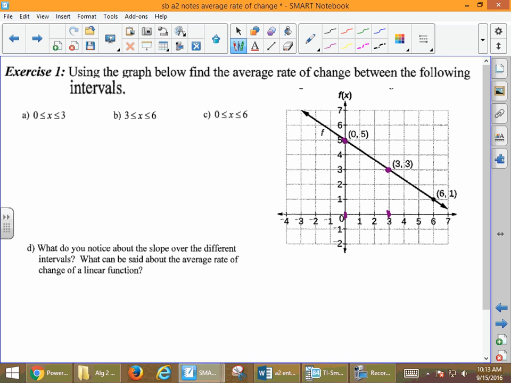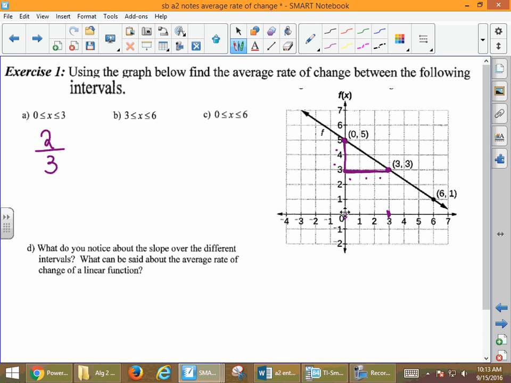And if you remember that slope is defined as rise over run, we could draw a triangle in there. And what we see is that we rise 2 spaces and we run 3 spaces. So our average rate of change for that line is 2/3.